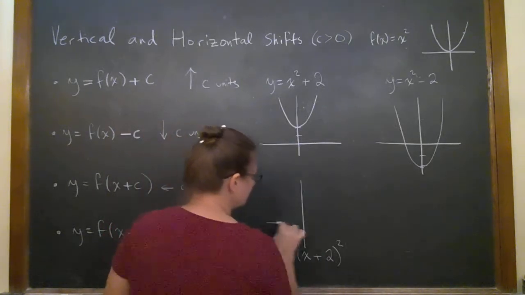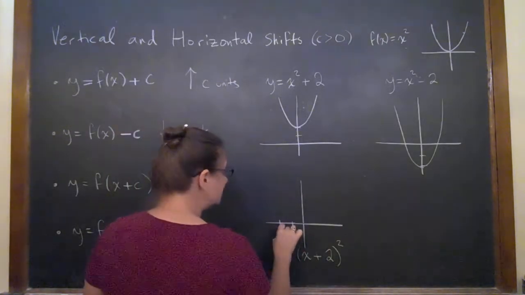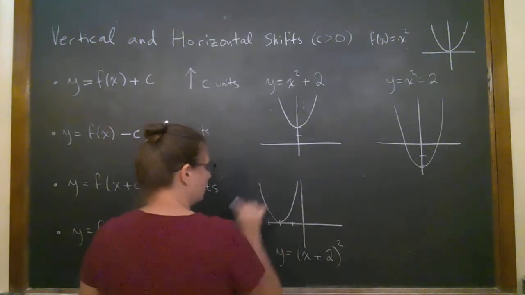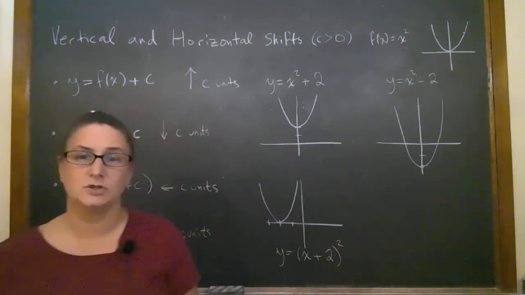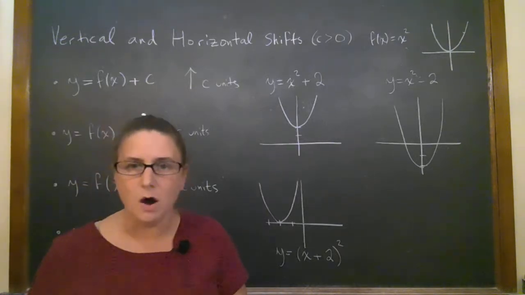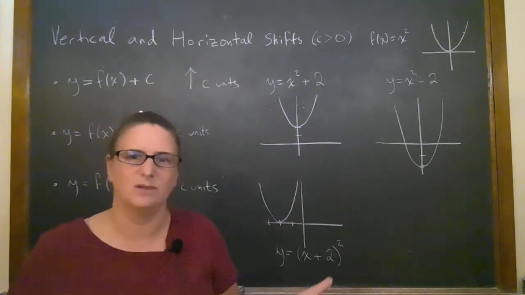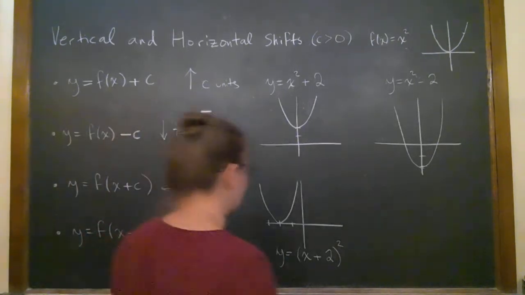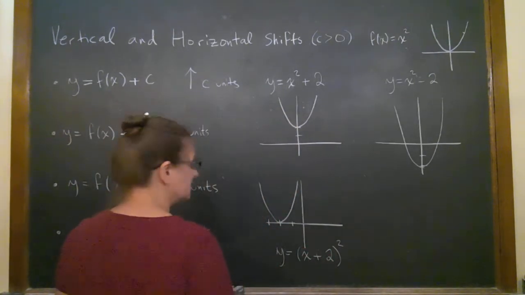So if you get confused about whether you're going right or left, you can always take an obvious point of your graph, some max, min, whatever, especially the point at 0, and see where it goes. The same thing happens the other way.